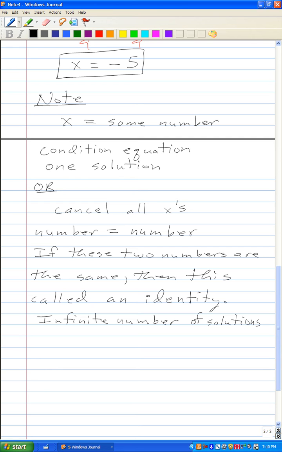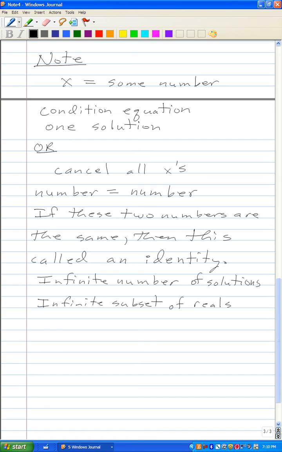So maybe all real numbers except for 12 or something. So it'll have some infinite subset of, let's say, the reals. Okay, so that could be your solution.